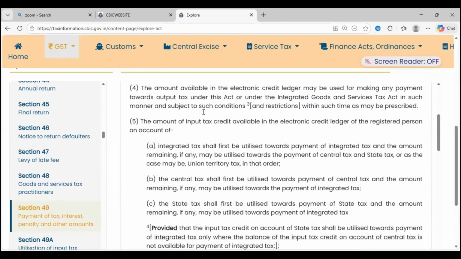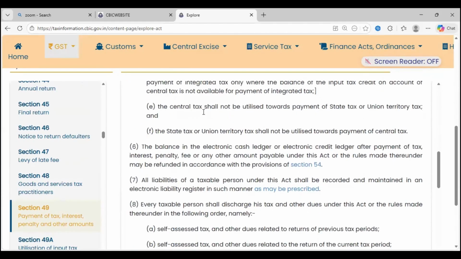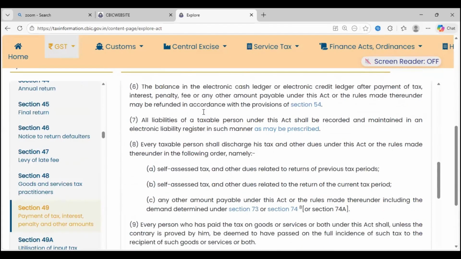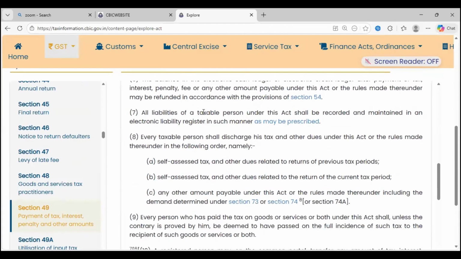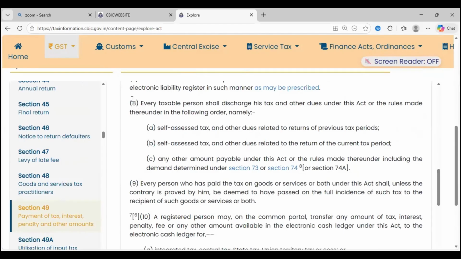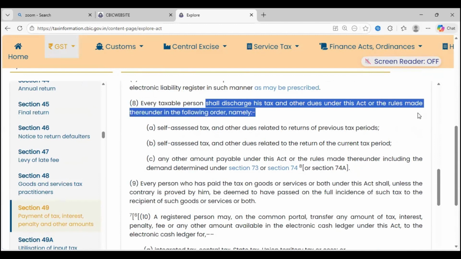Here, somewhere they talk about the order of payment. You can see subsection 8. Every taxable person shall discharge his tax and other dues under this Act or rules made thereunder in the following order. So they have given an order.